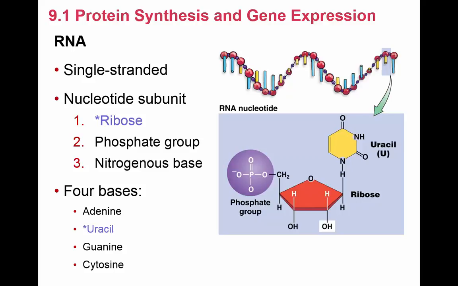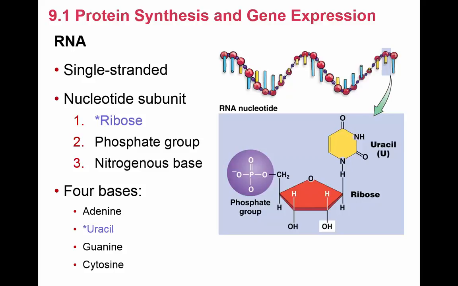Now, because DNA and RNA are both nucleic acids, they're made of the same things. They're made of phosphate, sugars, and bases. But if you recall, DNA is made of the sugar deoxyribose, where RNA is made of the sugar ribose. They both are made of phosphate groups, and then they're both made of nitrogenous bases. But again, if you recall, the four bases that exist in DNA are adenine, thymine, guanine, and cytosine.